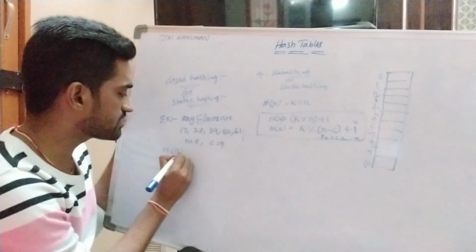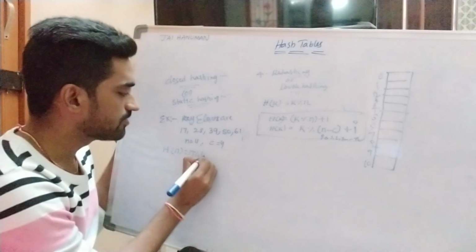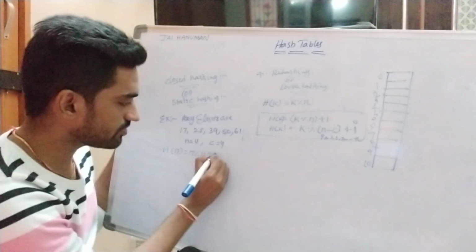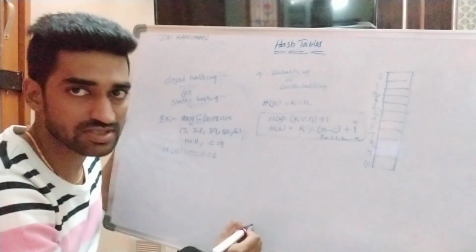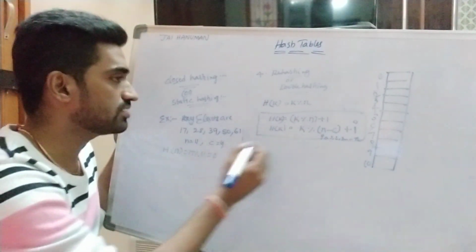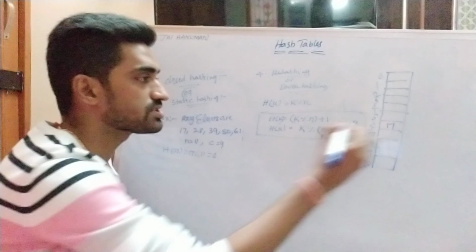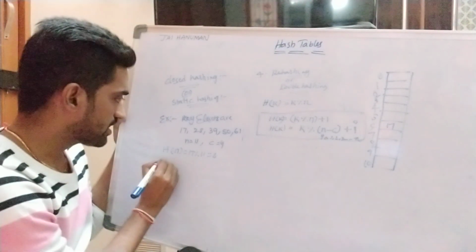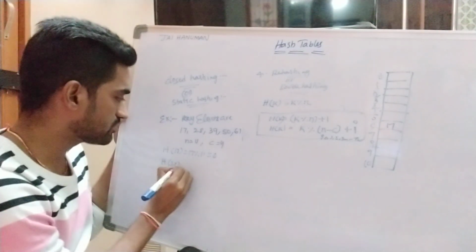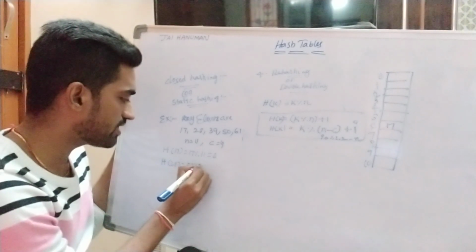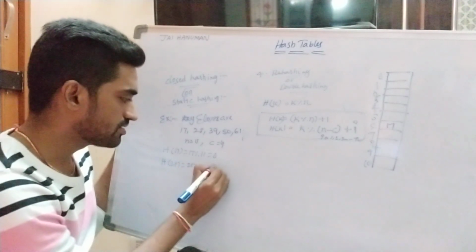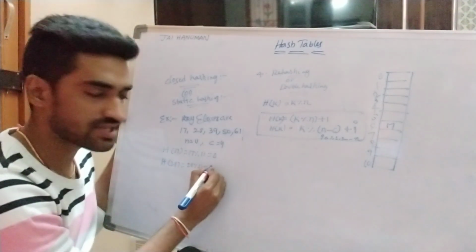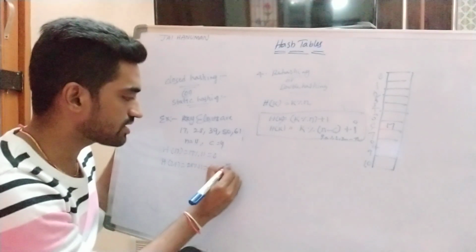H of 17. 17 modulo division of 11, which is equivalent to 6. So the sixth position is a vacant position, no collision. So that's why it is directly inserted at the sixth position. Fine. Then H of 28. 28 modulo division of 11. So the result is 6. So the sixth position is already occupied by 17. First collision occurred.